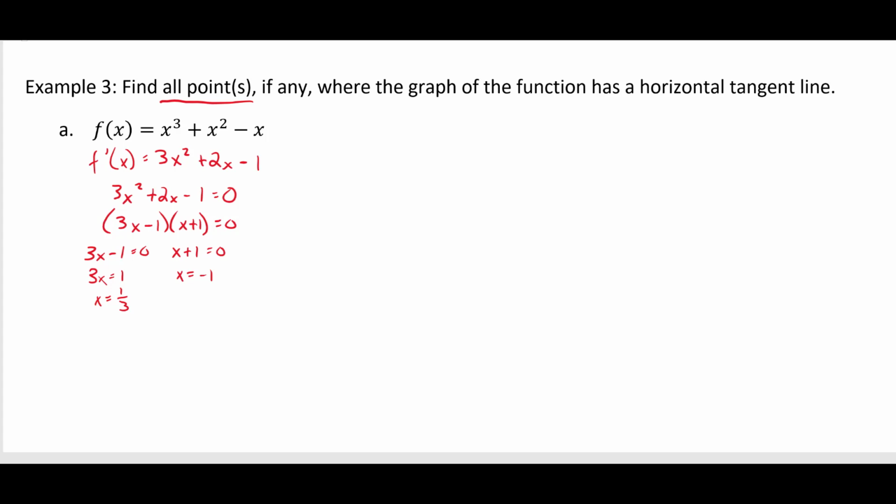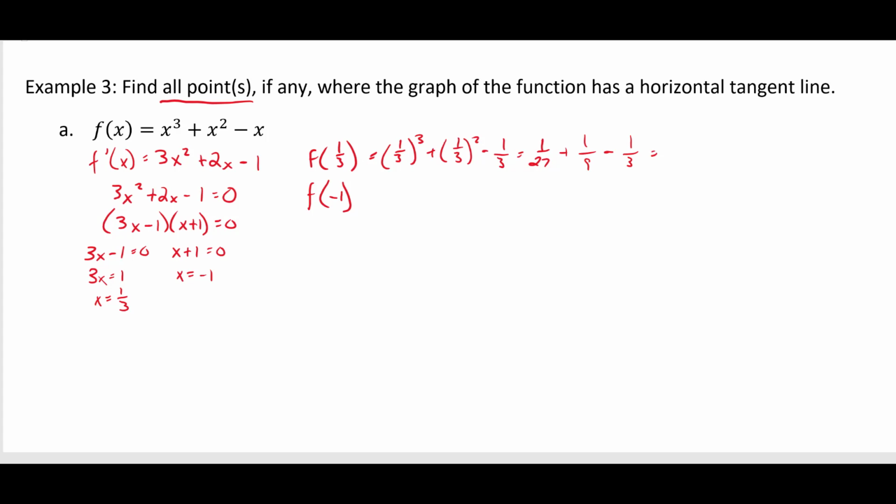Now remember, to find these y coordinates, they're the y values of the original function f of x. So we've got to find f of 1/3 and f of negative 1. So f of 1/3, that's positive 1/3 cubed plus 1/3 squared minus 1/3, so 1/27 plus 1/9 minus 1/3.